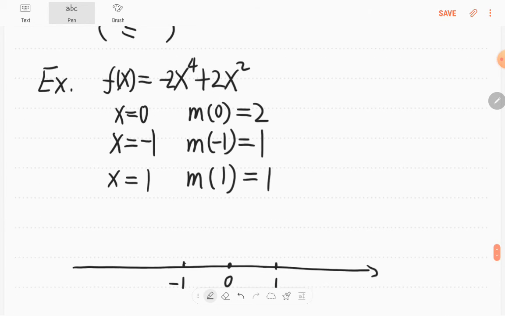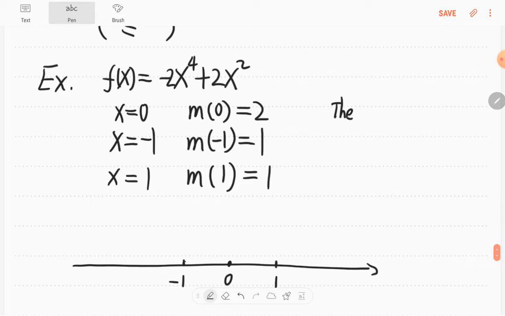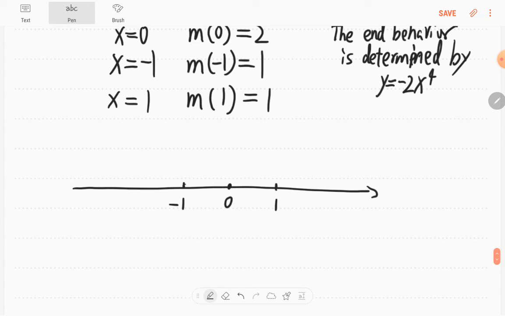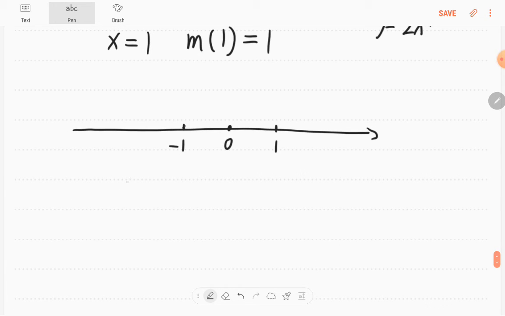We notice that the end behavior is determined by the first term, y equals negative 2 times x to the 4th. X to the 4th will go up, and a negative number times it will go down.